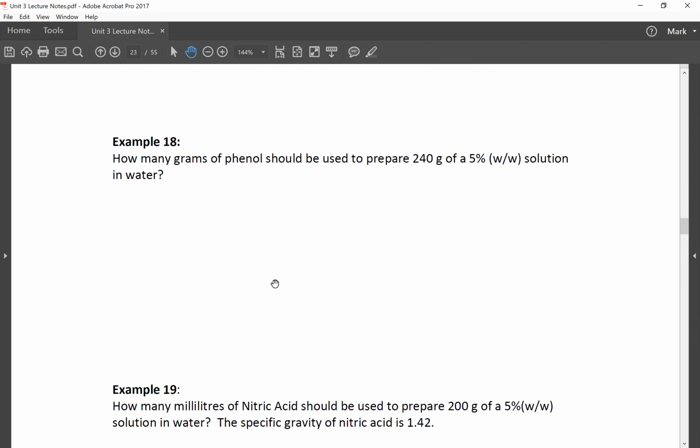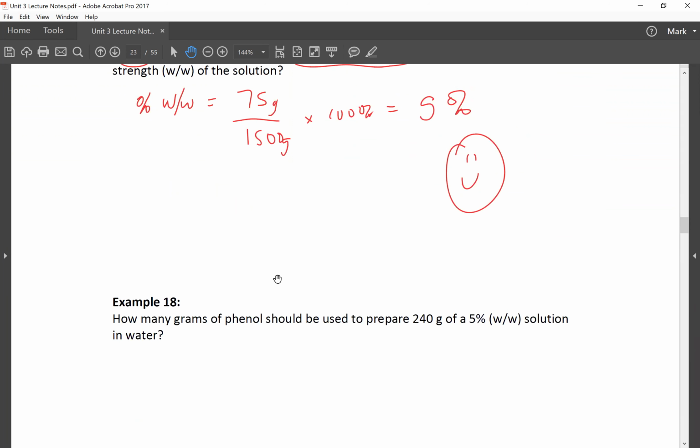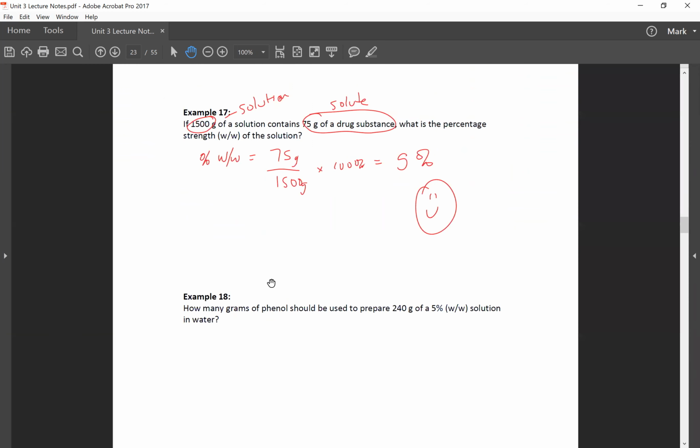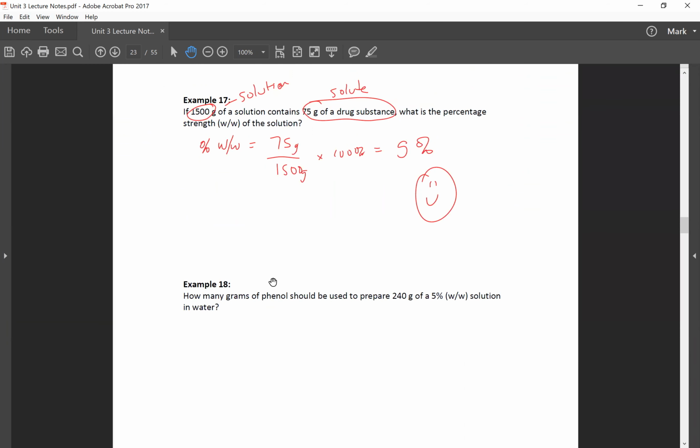All right, let's do another one. How many, maybe I can zoom out and let you guys see this one. How many grams of phenol should be used to prepare 240 grams, again, another easy one, 240 grams of a 5% solution. Now, this is the mass of the solution.